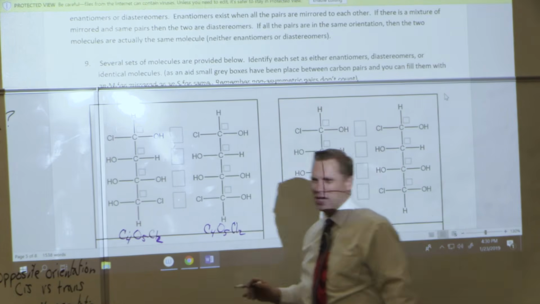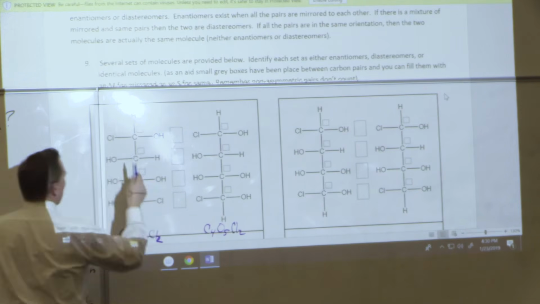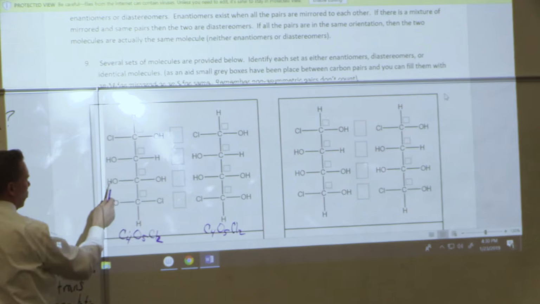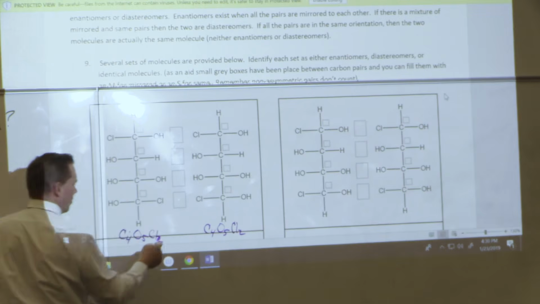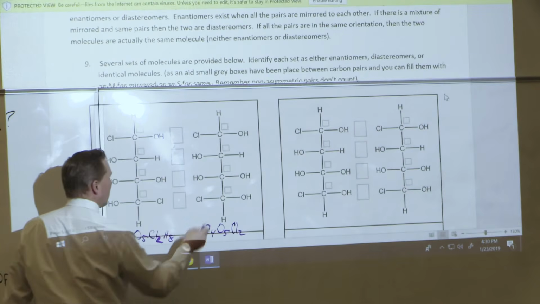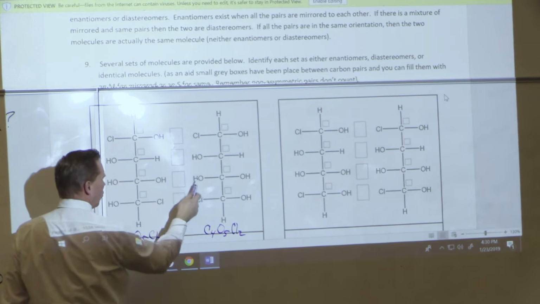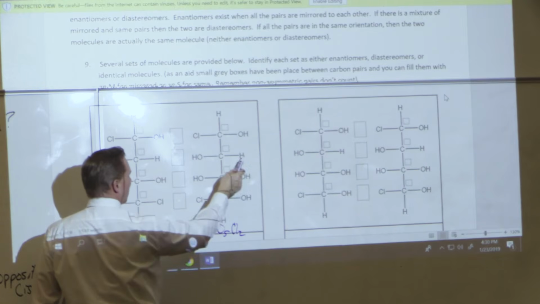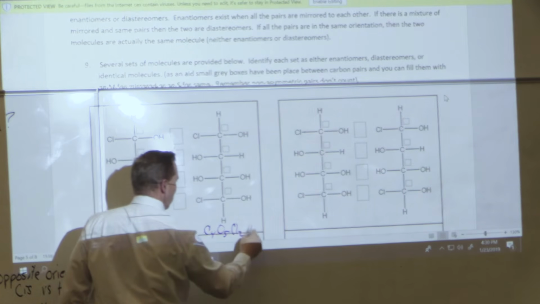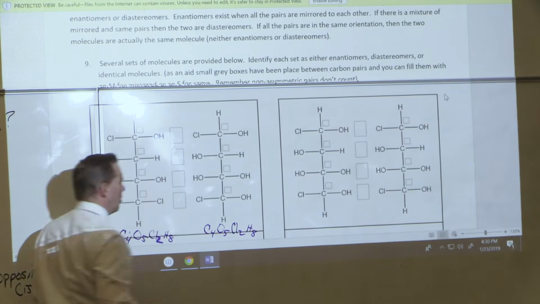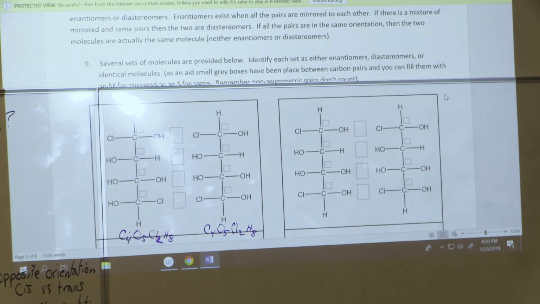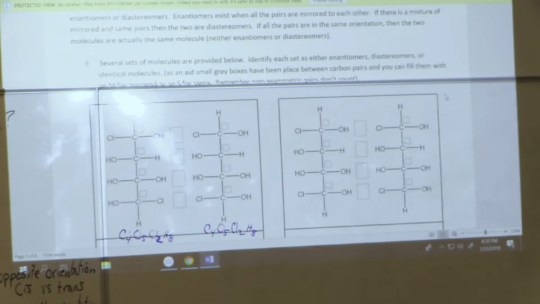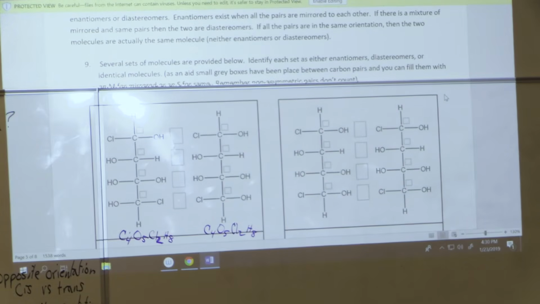The only other atom I can identify is hydrogen, so let's count those. 1, 2, 3, 4, 5, 6, 7, 8. So H8. 1, 2, 3, 4, 5, 6, 7, 8. H8. So those two molecules have the same molecular formula, and I've done number 1. They must be isomers.